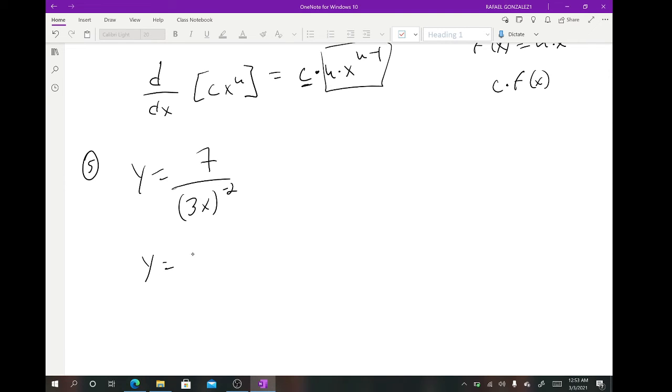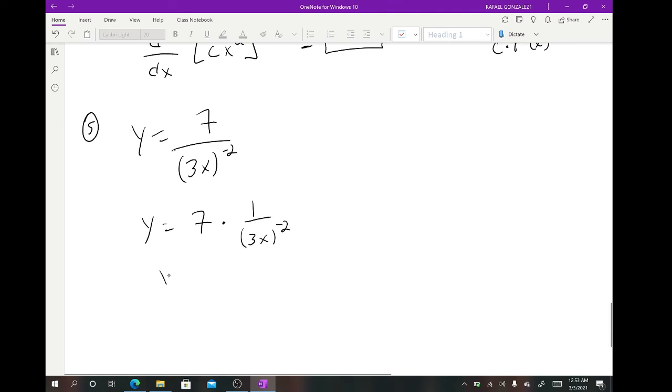So this is just 7 times 1 over 3x to the minus 2. And then if I were you, I would bring that to the numerator. Well, actually, we have this to the minus 2, so this is actually 1 over 3x to the 2, because the minus 2 here is in the denominator.